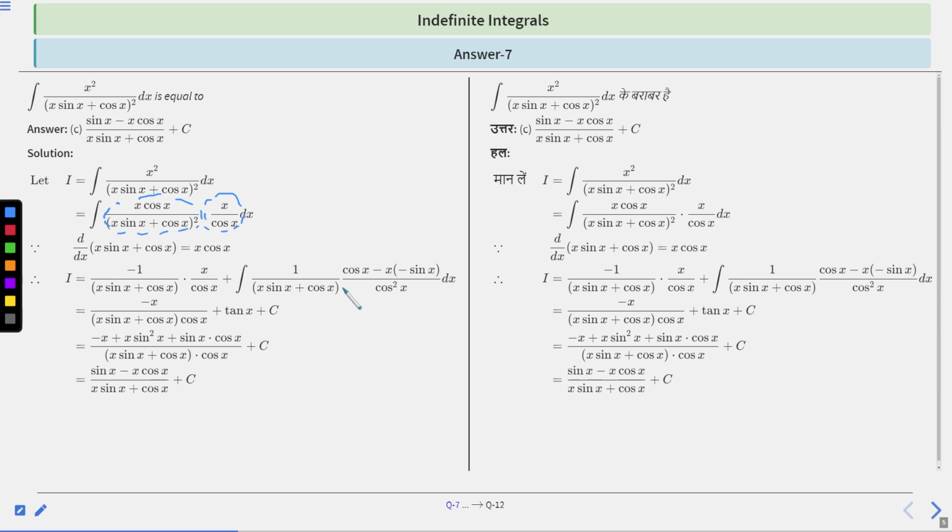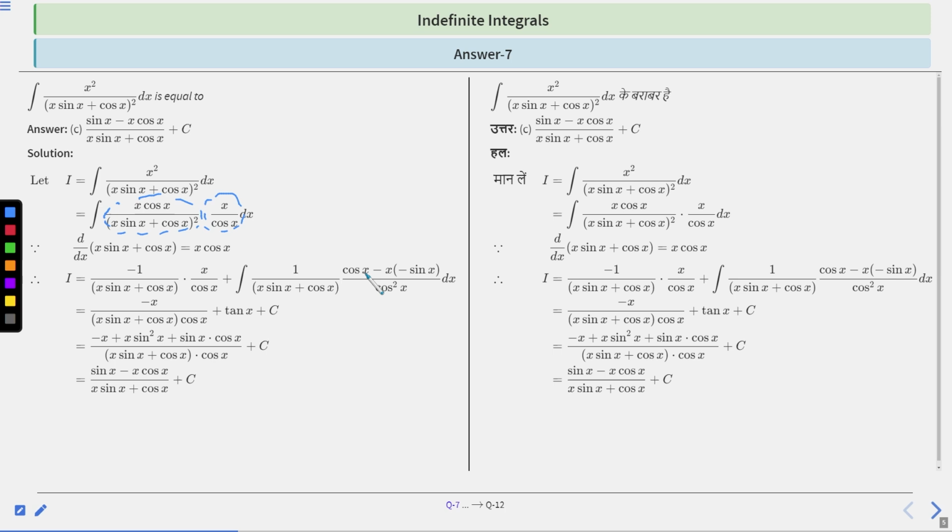This is using integration by parts. Once you write it with pen and paper and apply integration by parts, you can easily get the result, right?